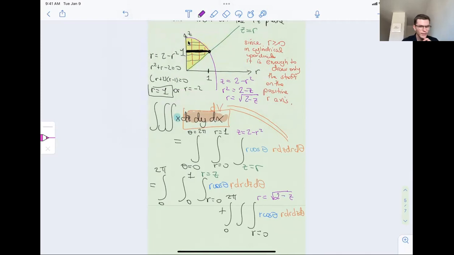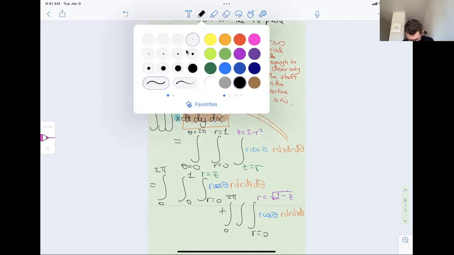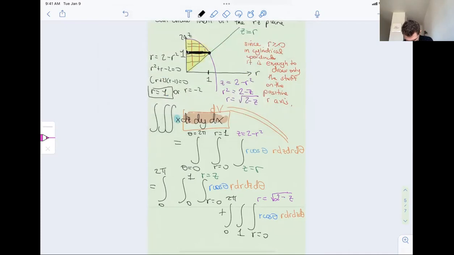And then what are the bounds for z? Z goes from 1 to 2. And as I said, theta goes from 0 to 2 pi, right?